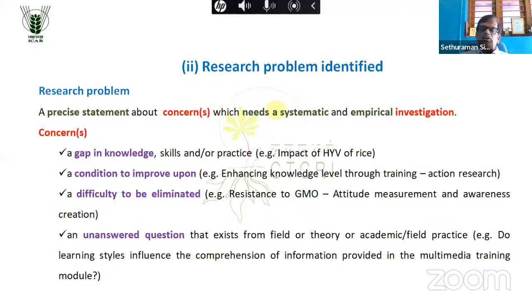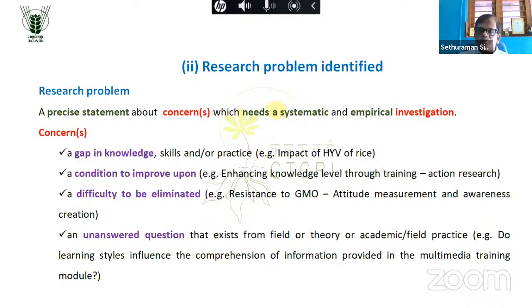So you see the knowledge level from beginning to end, or you use some kind of advanced methodology there, and then you submit your PhD research work. A difficulty to be eliminated means that at the end of your PhD research work, you will have sufficient information about why farmers are resisting GMO crops.